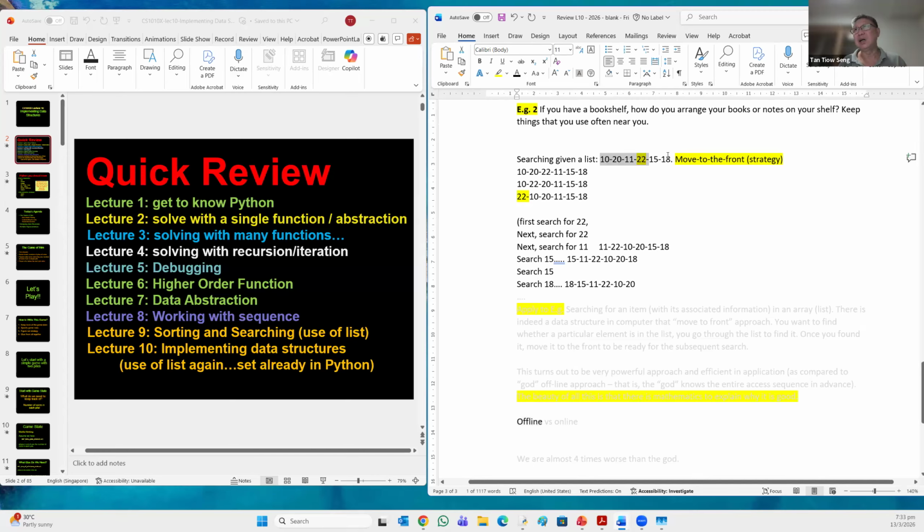If this is the list originally given, and the superhuman rearranges it in this manner, like what we do, he also pays, in this case, how much? 1, 2, 3. You have to pay 3 units to move this item to the front, and you also have to pay 1, 2, 3, 4 units to identify 22. This part is no different between the superhuman and we, the human.